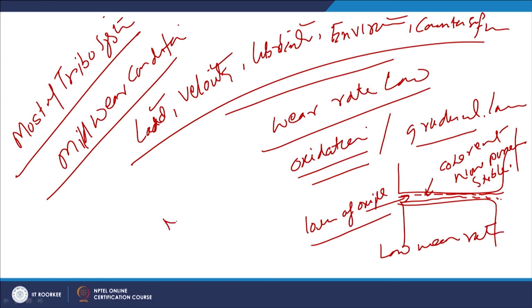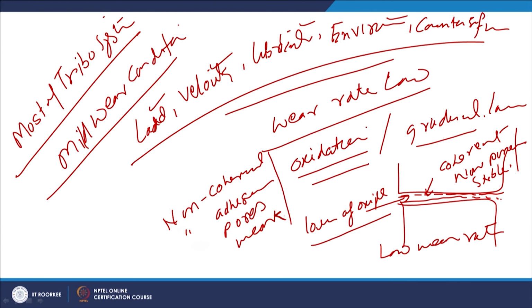On the other hand, if it is non-coherent, non-adherent, meaning it is very loose and porous and weak in terms of stability, then it will be dislodged. Such oxides being formed between the interacting surfaces will be dislodged very rapidly from the functional surfaces.